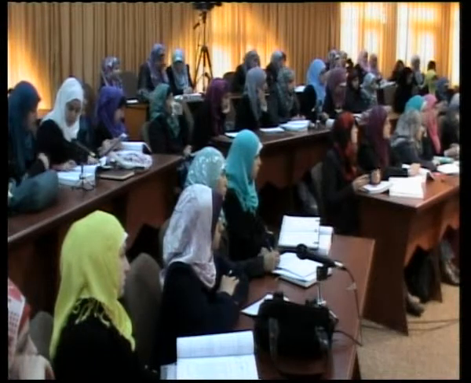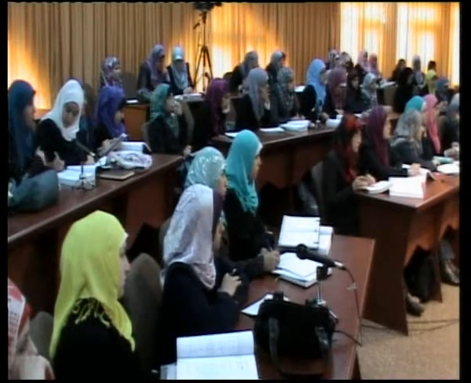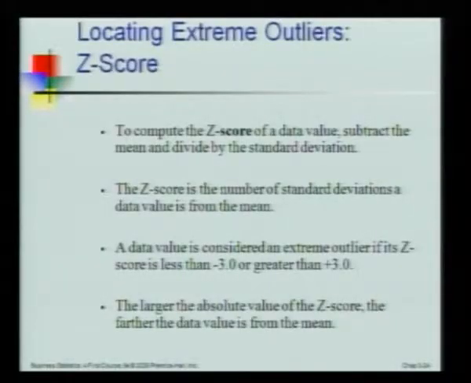Next topic talks about z-score. Most of the time we are talking about extreme values or extreme outliers. Now let's see how we can tell if a point is considered to be an outlier. We have some data values and you want to use the mean or the median as a measure of center. Which one do you have to use?